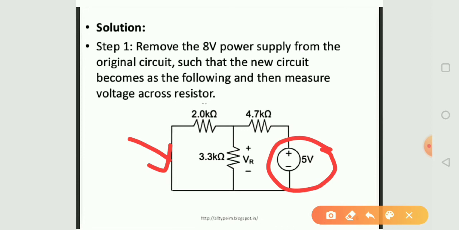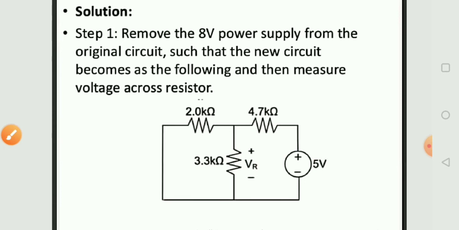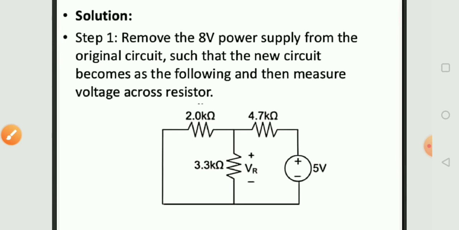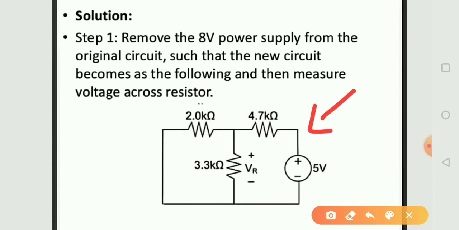So remove the 8 volt power supply from the original circuit such that the new circuit becomes as follows. Then measure the voltage across the resistance.